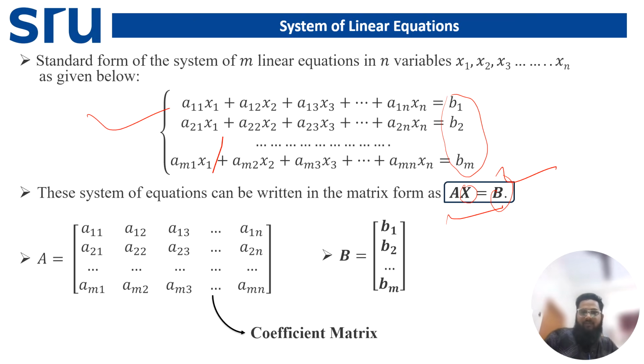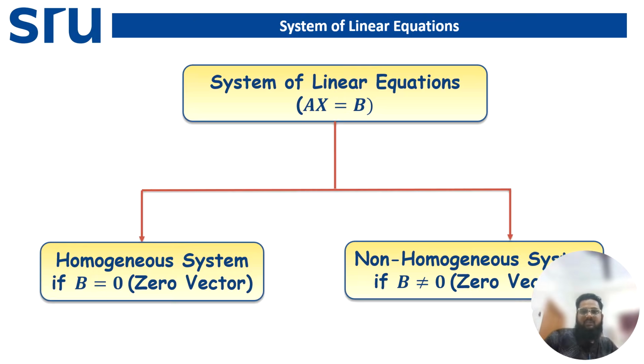Now in terms of this form Ax = B, we can classify the system of equations. If Ax = B and B is 0, that means the right hand side vector is all 0. For example, 2x + 3y + 5z = 0, x + y + z = 0, -5x - 3y - 6z = 0.